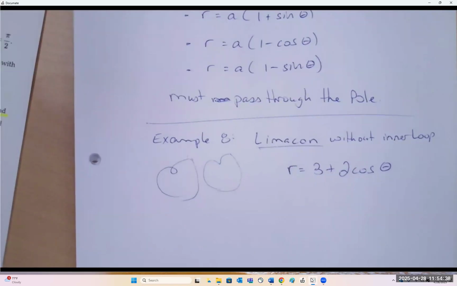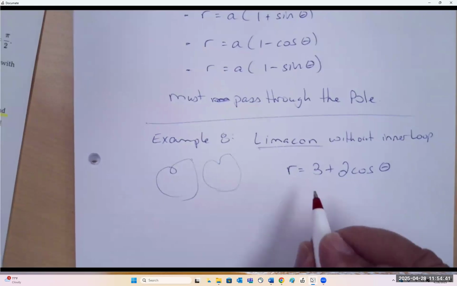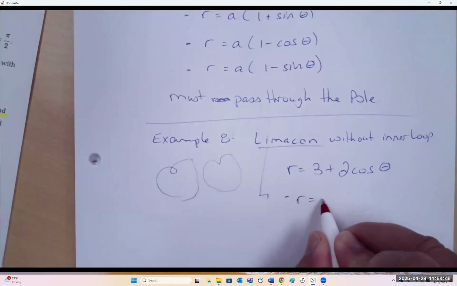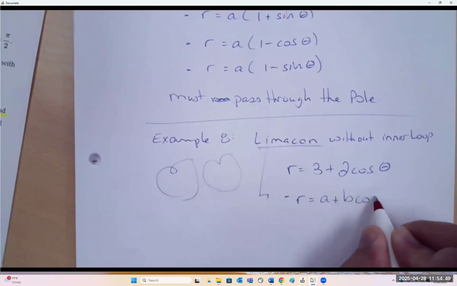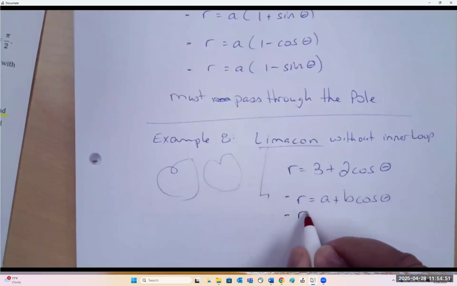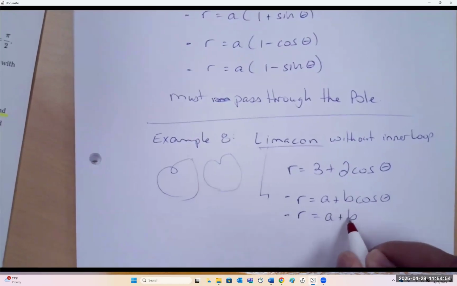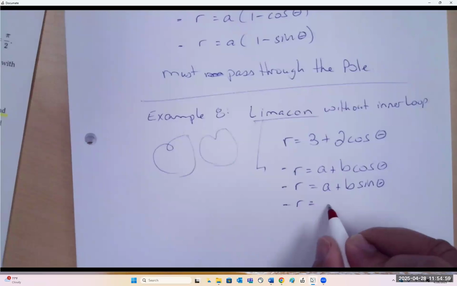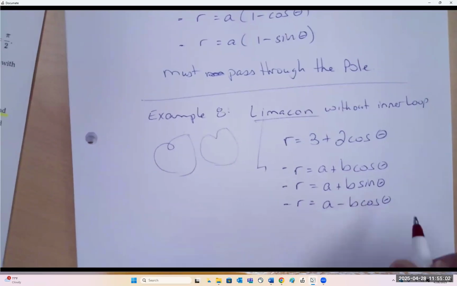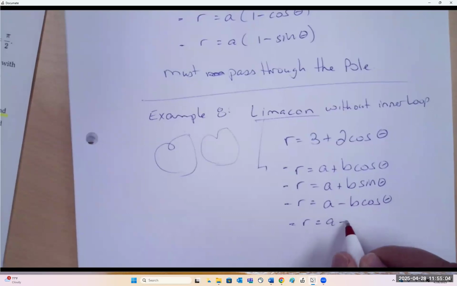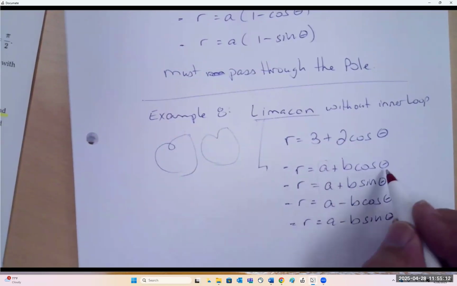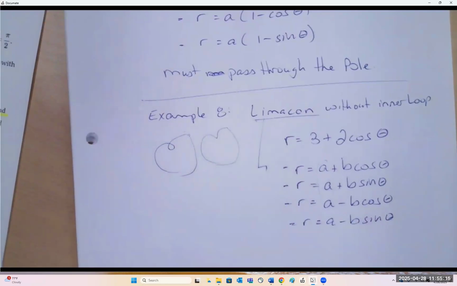Their claim to fame is this type of structure: a minus b cosine, a minus b sine. So when you have an integer plus or minus a coefficient times sine or cosine, that's a limaçon.